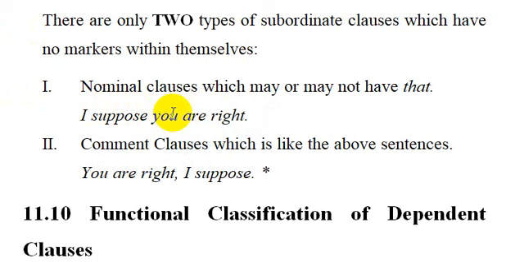Here, in this nominal clause, you are right is the subordinate clause. However, we cannot find any marker indicating that this is the subordinate clause. We cannot find if, just as, if only, time expression, and so on and so forth. There is no indicator. So this is case number one.